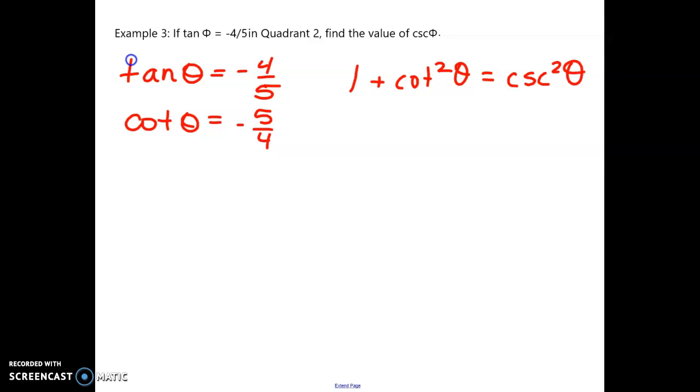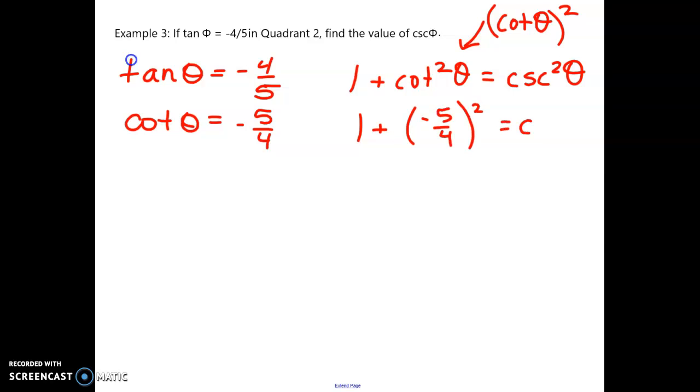You guys, the squared goes before the theta, but what this actually means is that cotan theta is squared. So you actually take the whole value for cotan and then square it. So we have that cotan is the minus 5 over 4. So that's the value that I'd square to get cosecant.